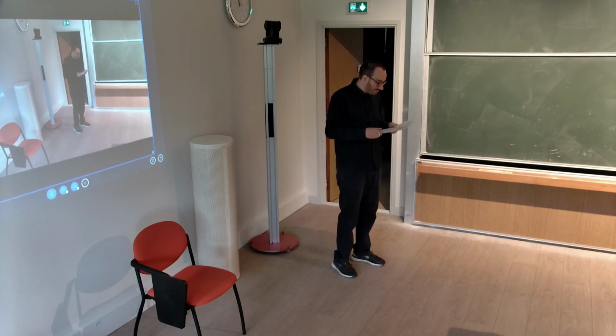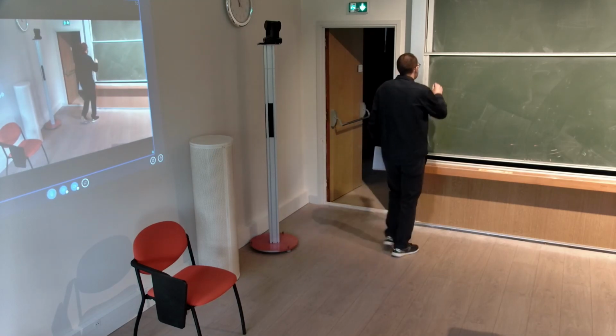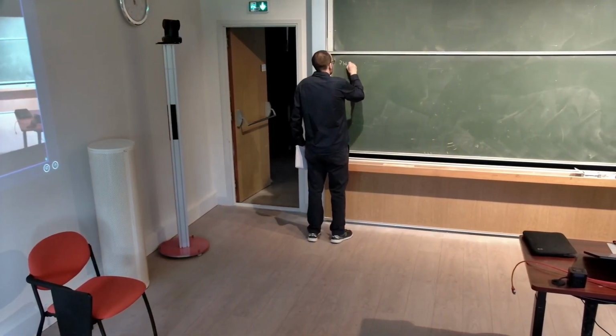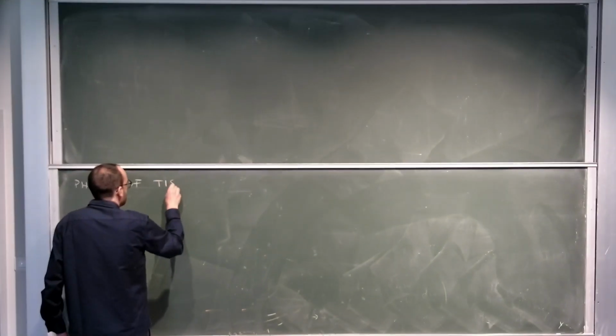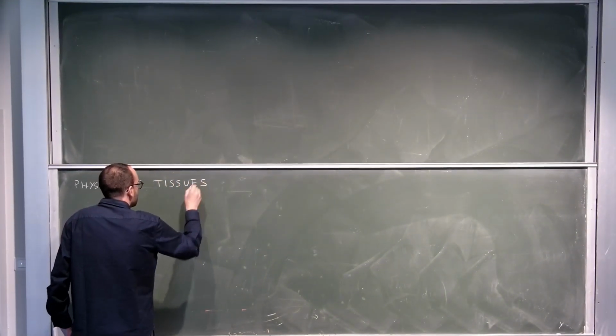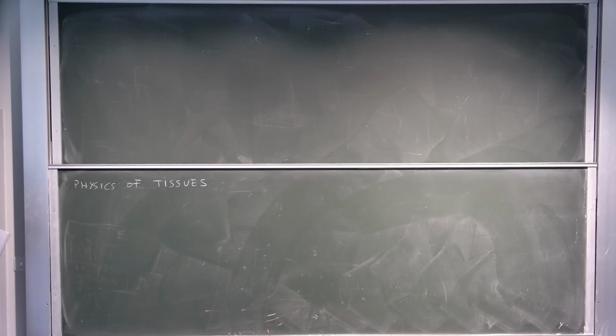So the starting point of this story is in the physics of biological tissues. This is a research field since a long time, and people have worked on this. More recently, there has been a lot of interest in two things.